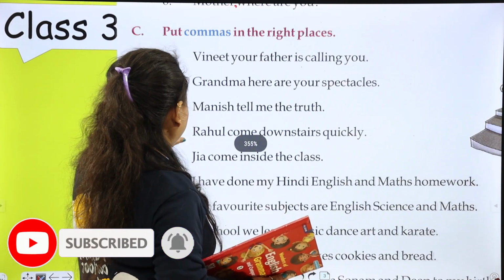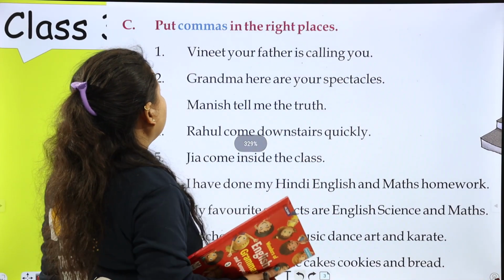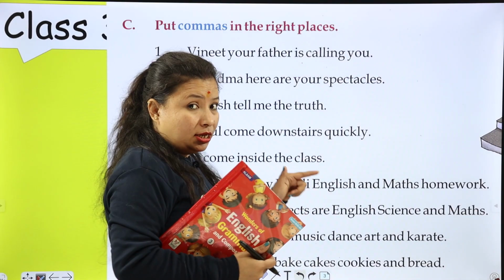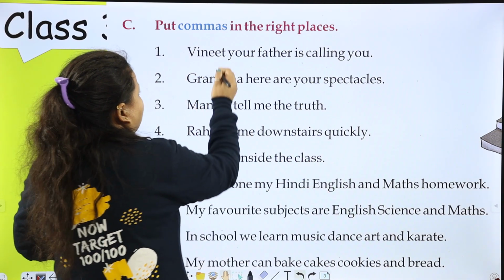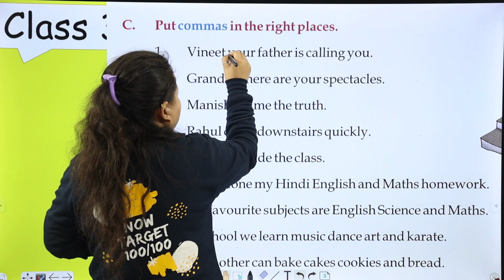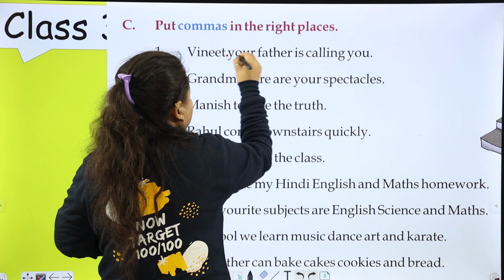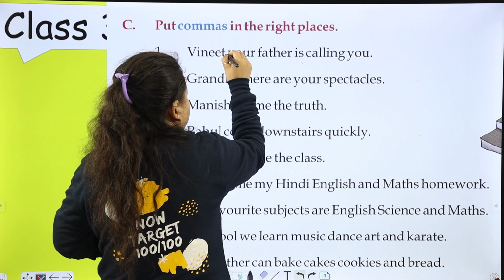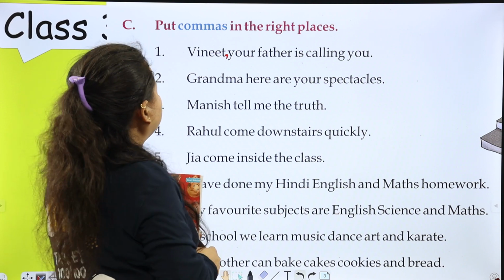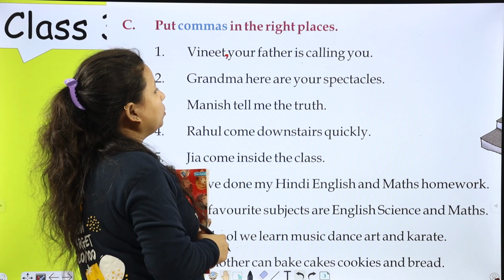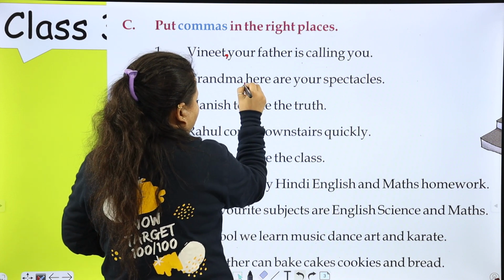Now, put commas in the right places. Vineet, I am addressing Vineet, your father is calling you. So after Vineet we have to put a comma like this. Grandma, here are your spectacles.